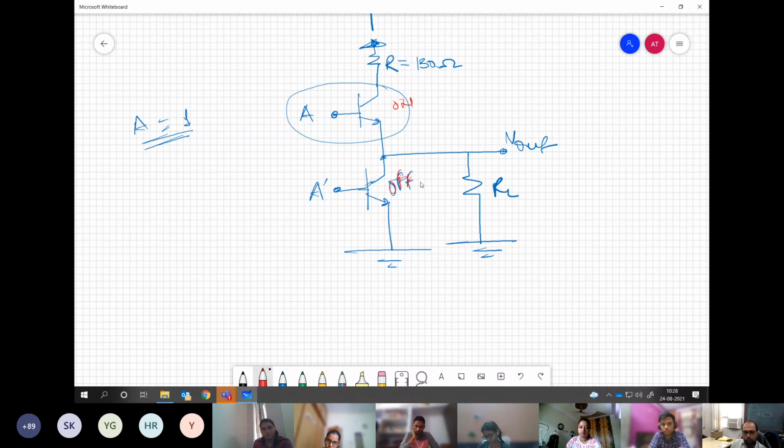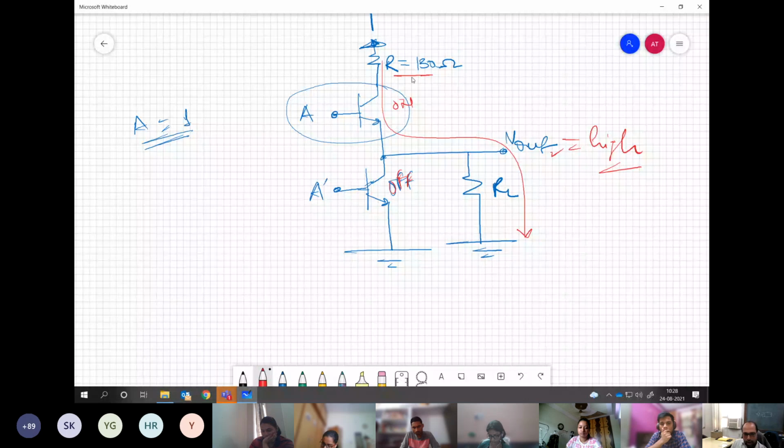Getting my point? So what will happen? The load will be driven like this, and V out will be high. But this R is 130 ohm, which is very, very insignificant compared to whatever typical load resistance we put, maybe some 1 kilo ohm up to 10 kilo ohm.